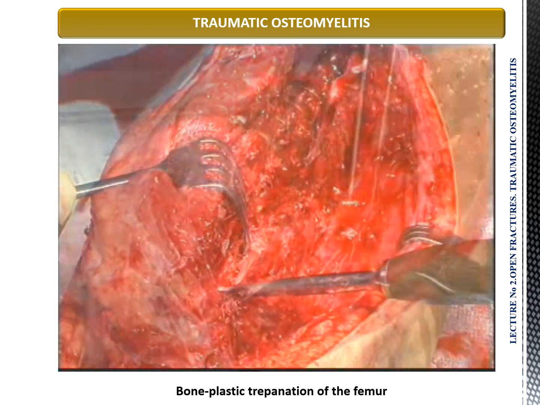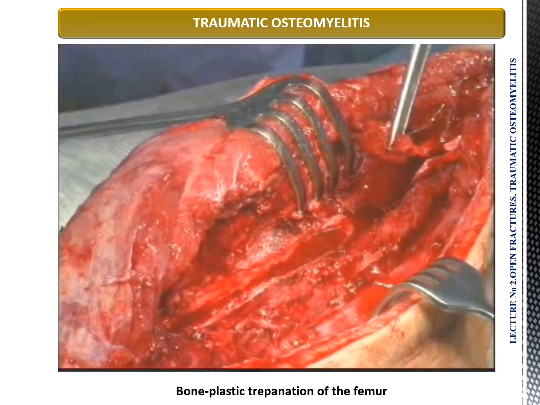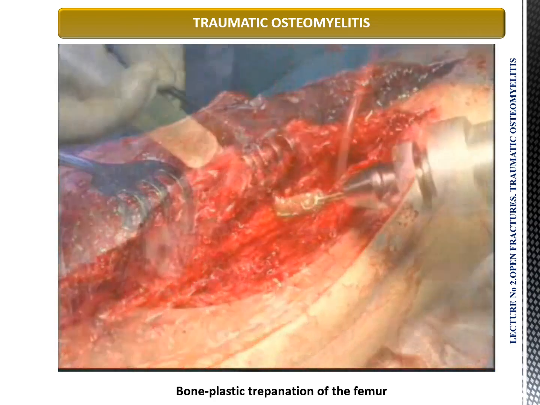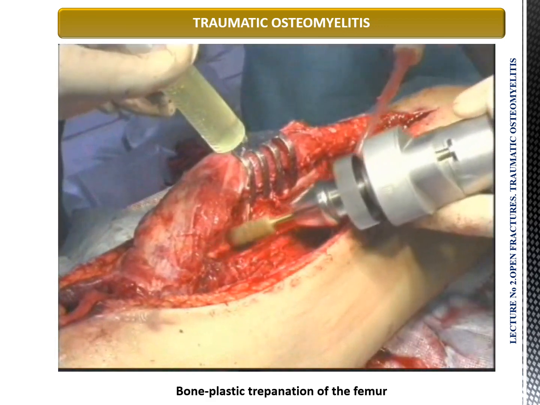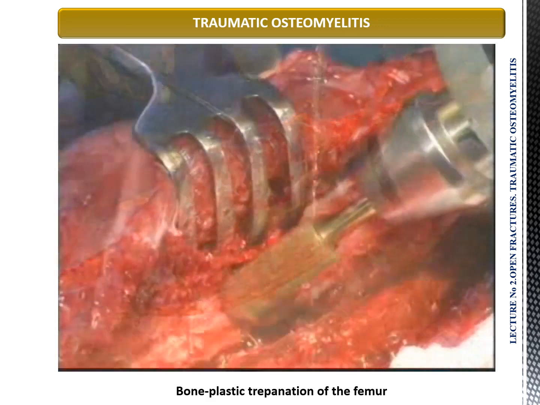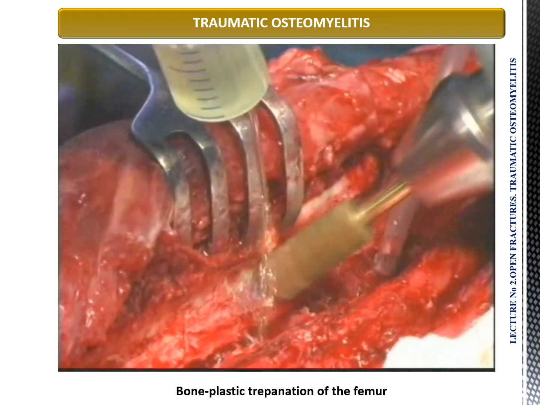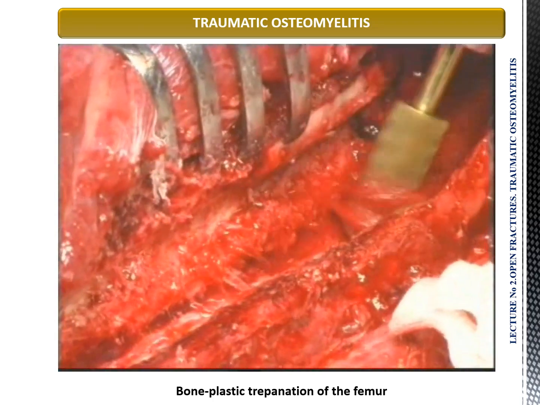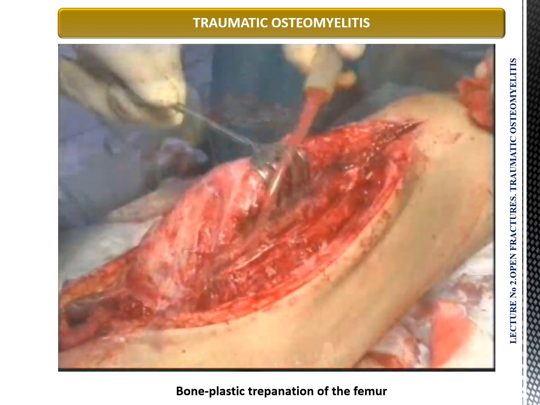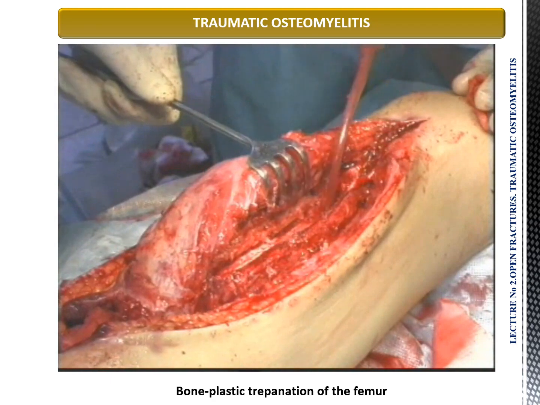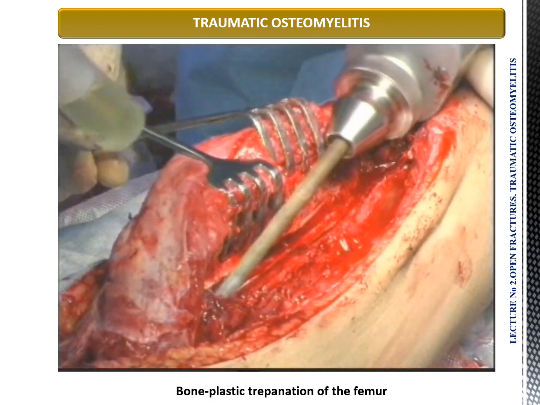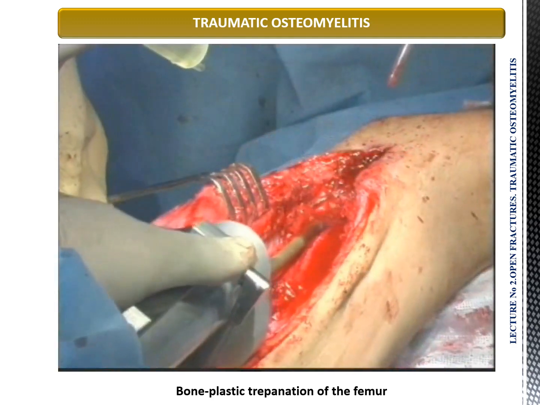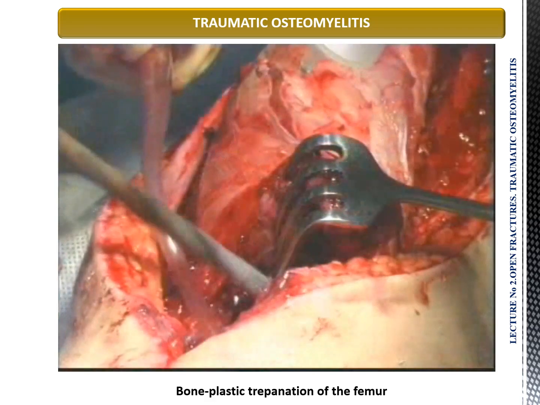We are removing multiple endosteal sequesters. We process the walls of the bone marrow canal, restoring its patency. We drill a hole in the bone for silicone perforated drainage.